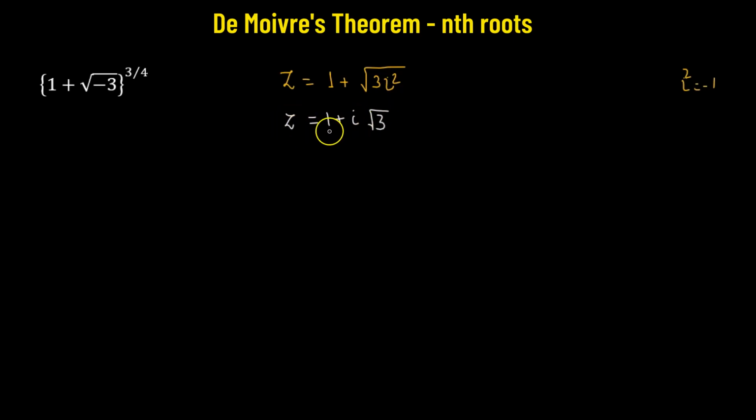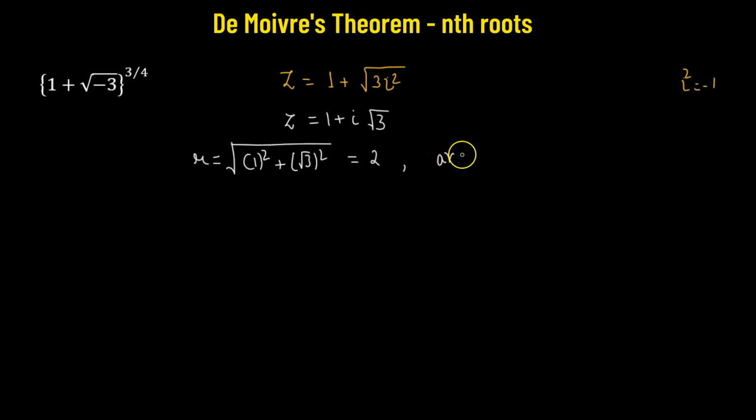So this is a complex number, and we also want to express it in the polar form. Our r will be given by the square root of the real part squared added to the square of the imaginary part. This is going to give us the value 2.